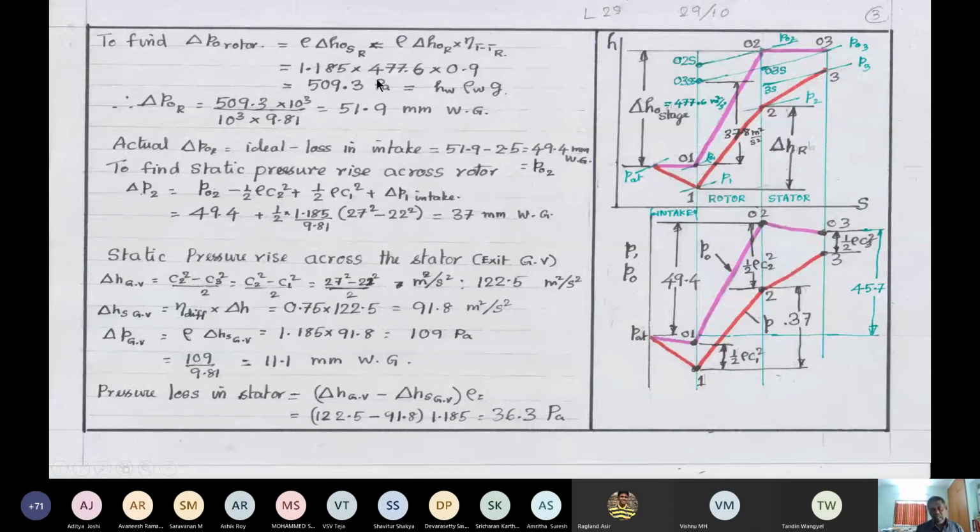This can be expressed in millimeters or centimeters of water gauge. So pressure is equal to H into rho into g. One of the fundamental equations in fluid mechanics.